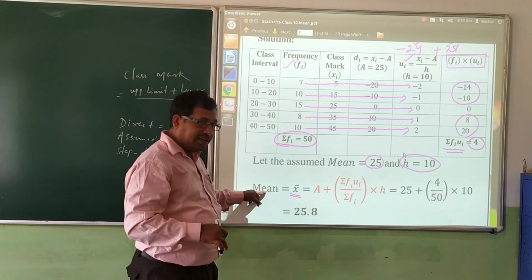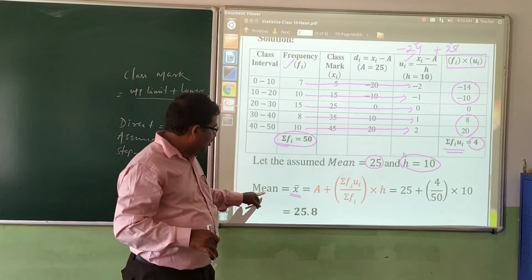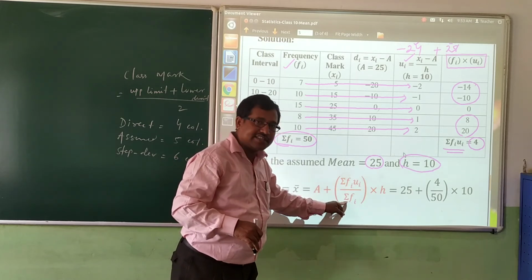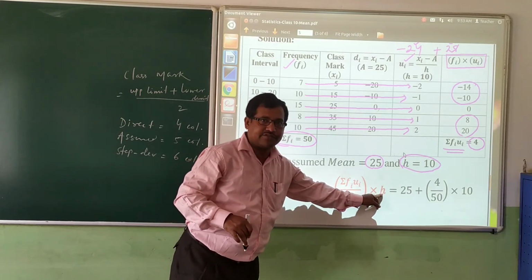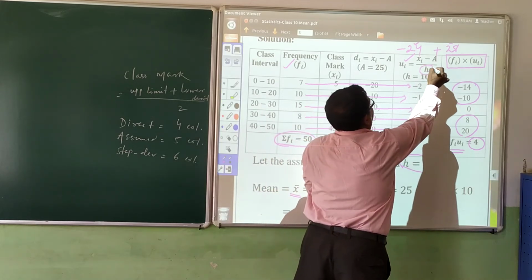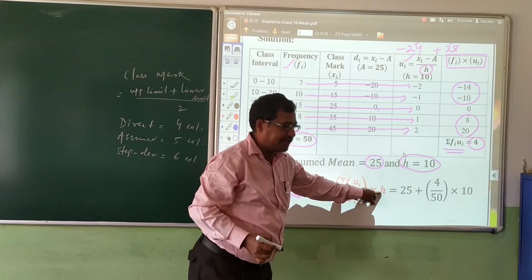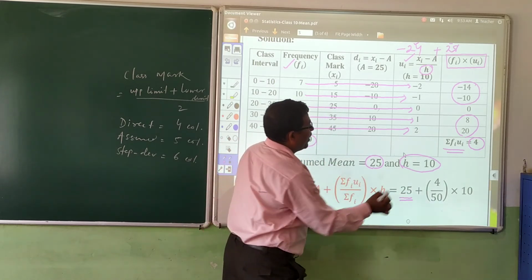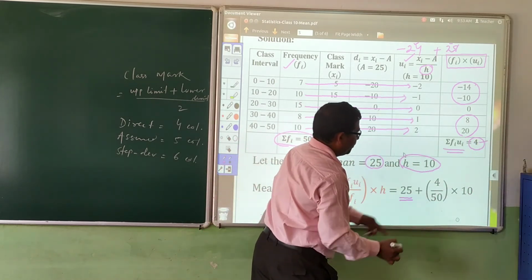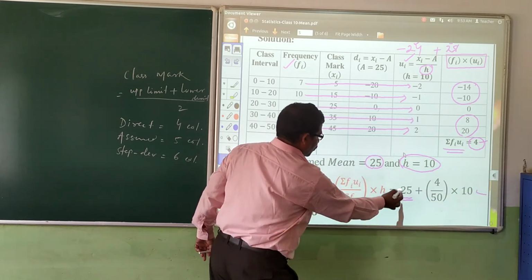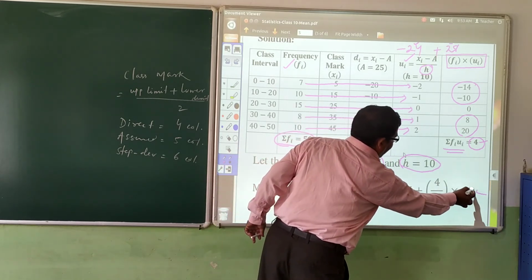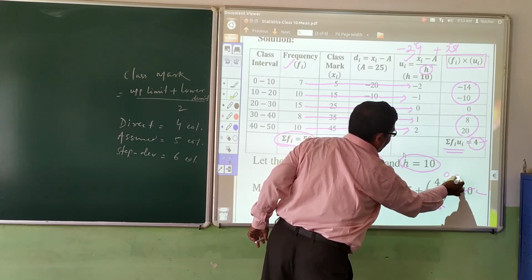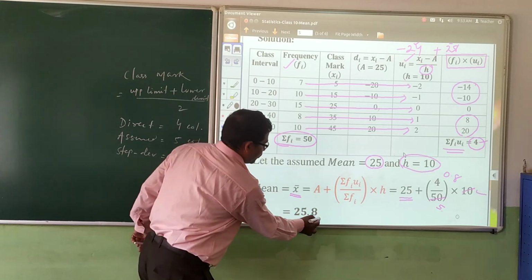But here, this is the step deviation: the mean equal to a plus sigma fi ui by sigma fi, into h. Look at it, here we divided, so we multiply. So 25 plus sigma fi ui, 4 by 50, into 10. First we divide 10 by 50, then 4 by 5 equal to 0.8. So the answer is 25.8.